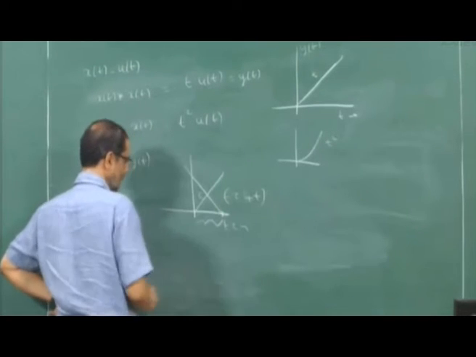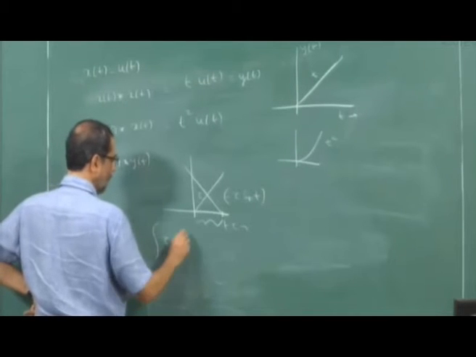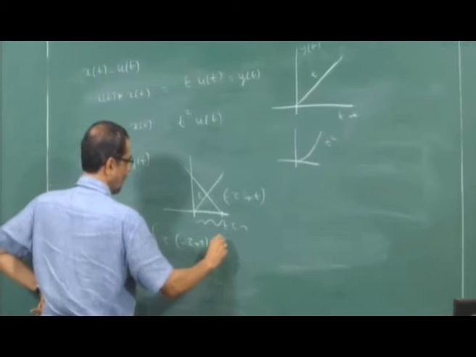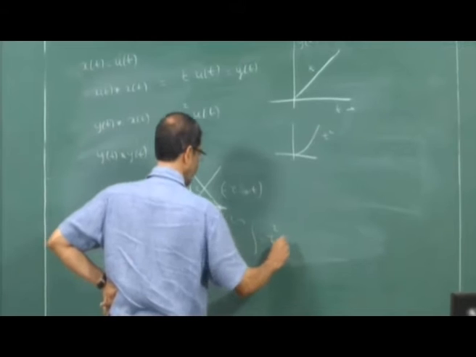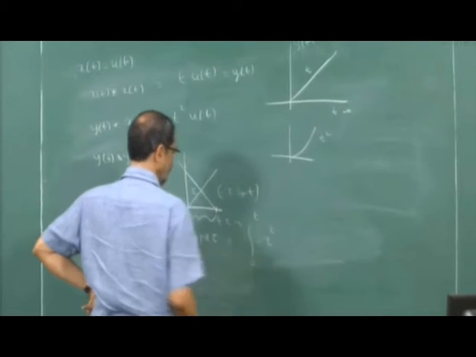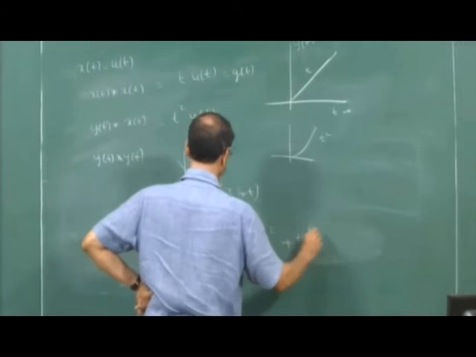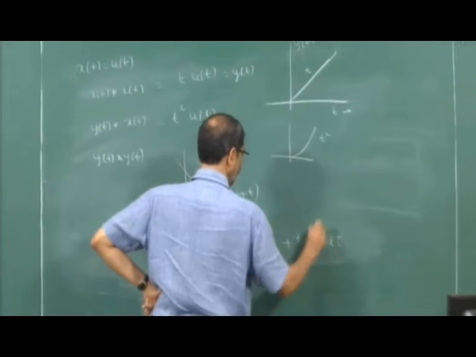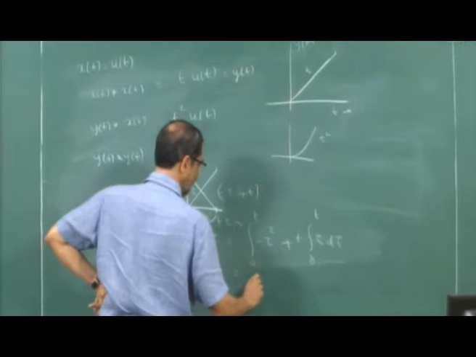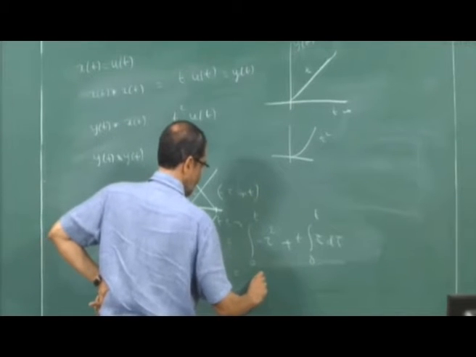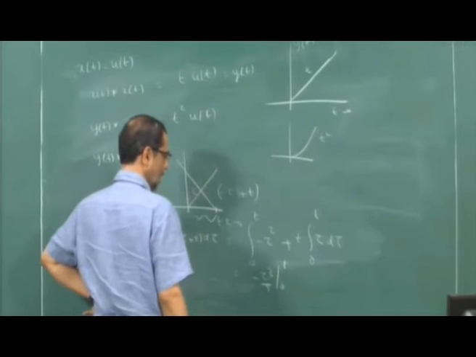So you are convolving, tau into minus tau plus t d tau, so that's equal to integration of minus tau square between 0 to t, plus t into tau d tau, 0 to t. So you get tau cube by 3, 0 to t.